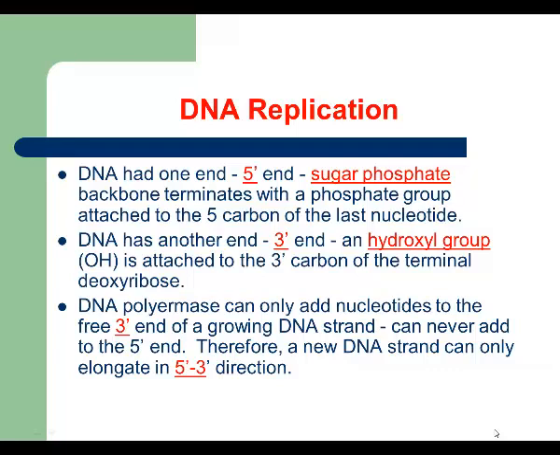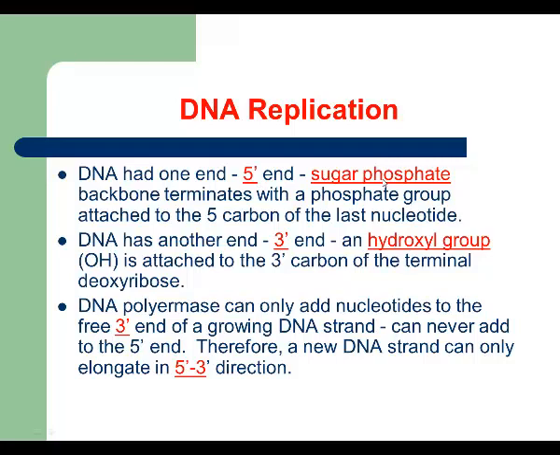Alright, let's talk about DNA polymerase 3 once again. Remember, it is an enzyme that makes a complementary copy of the DNA molecule. Each DNA strand has one end we call the 5' end, with sugar phosphate on that end.